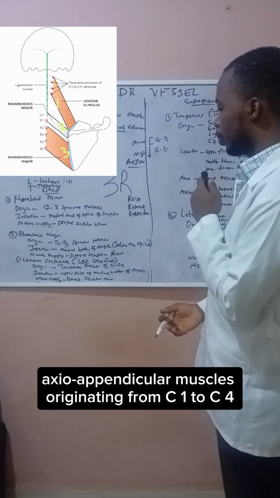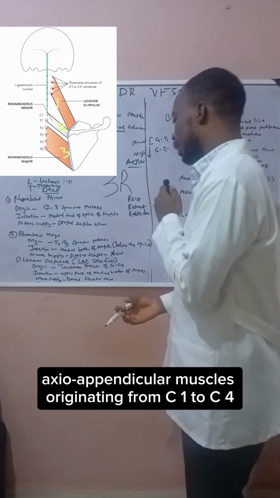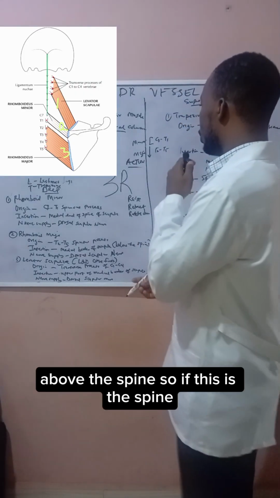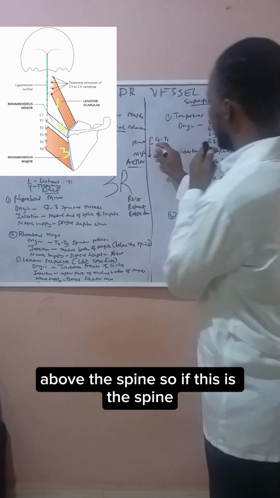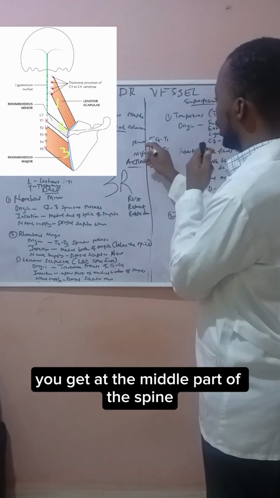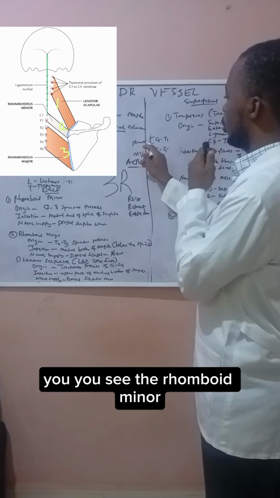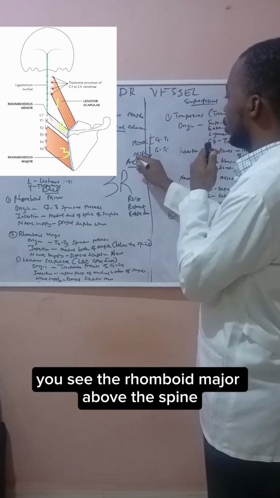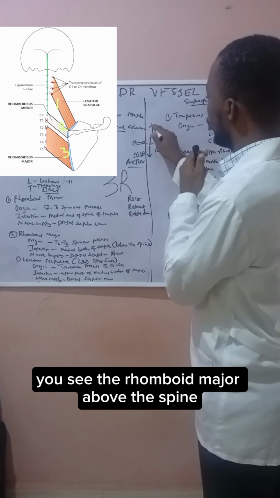It is inserted at the upper part of the medial border, above the spine. So if this is the spine, at the medial border you see the rhomboid minor at the spine, the rhomboid major below the spine, and the levator scapulae above the spine.